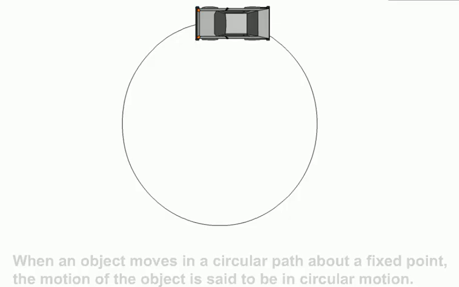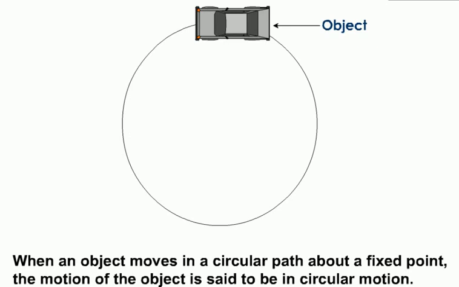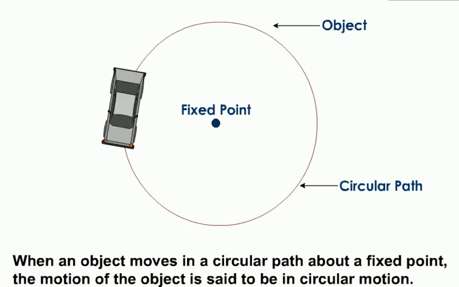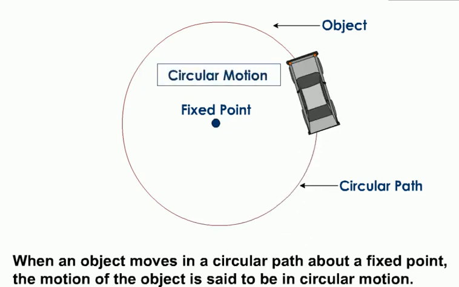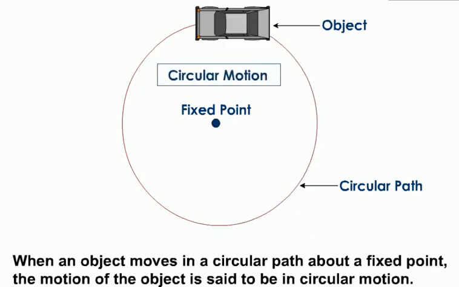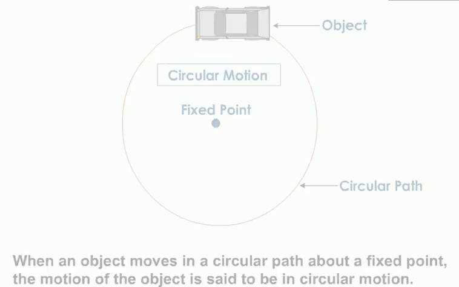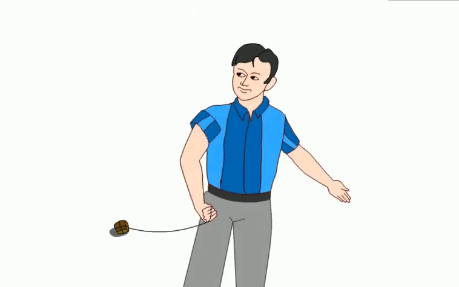Students, when an object moves in a circular path about a fixed point, the motion of the object is said to be in circular motion. Now, let us look and perform an activity. Students, tie a small piece of a stone to one end of a string.